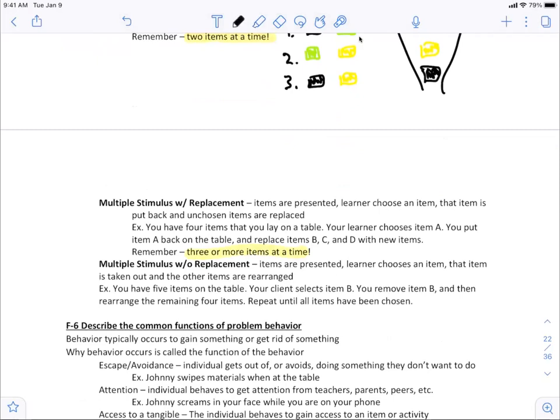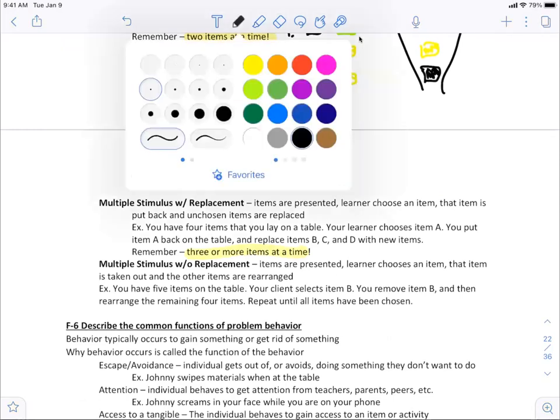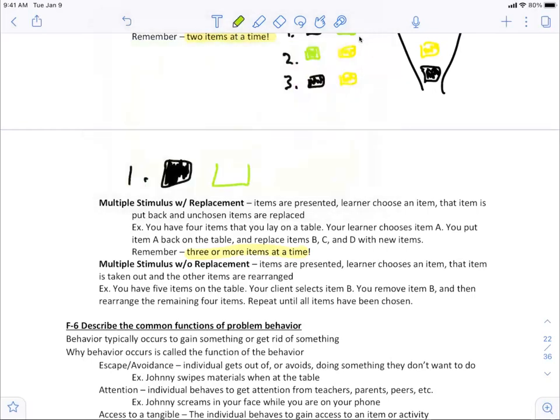Multiple stimulus with replacement and without, we would have in both instances, okay, this would be our first trial, right? We would have multiple stimuli on the table all at once, and we would ask them to choose.